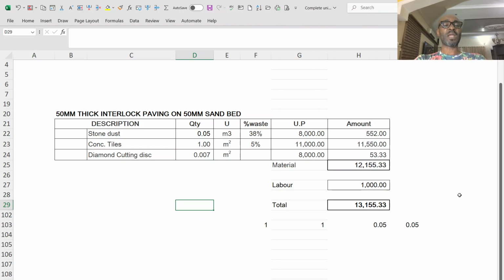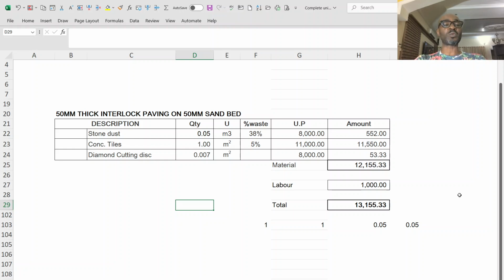And another thing we ought to know is that sometimes in the bill of quantity, the two items are separated. They will be expected to price the sand bed separately and price the interlock concrete tiles separately.